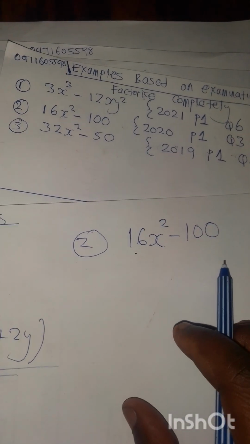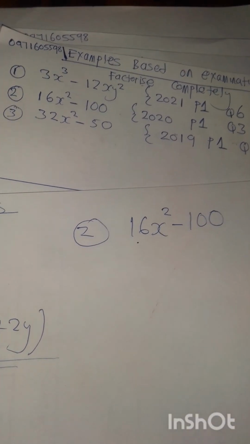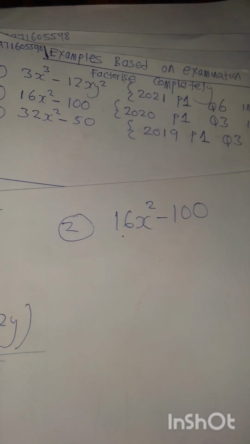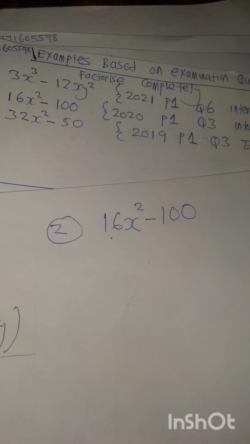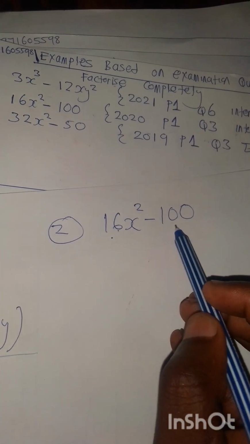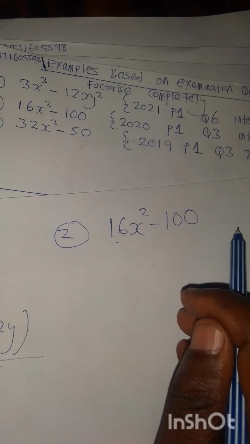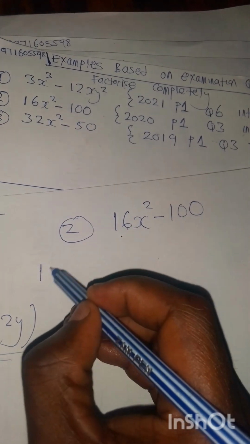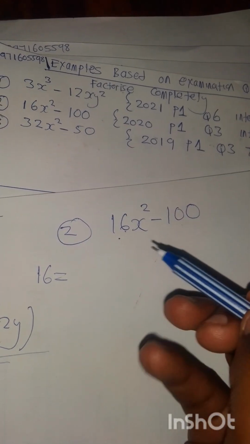To do that, we look at the factors of 16 and 100. Because 16 into itself is 1, but 16 into 100 will give us a remainder. So in this case, we look at the factors of 16. Factors of 16 are numbers which can go into 16.